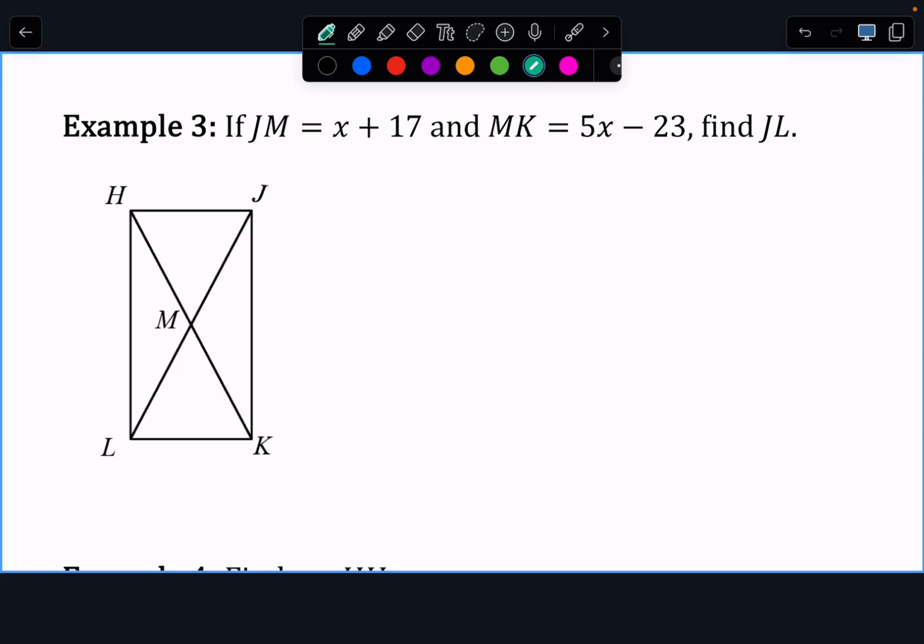X, or JL equals 37. Yeah, because X is 10.